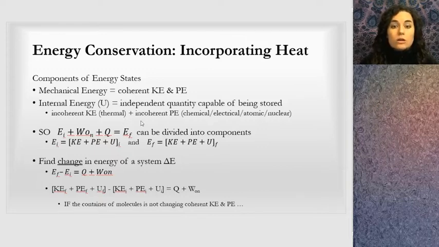There are also incoherent forms of potential energy, and I'm bringing them up just so that you are aware of them. We are going to focus on the thermal energy, but remember, incoherent potential energy can be stored in chemical energy. I can burn something. That's incoherent potential energy. There's electrical energy. Each one of those atoms is composed of electrons and protons, right? There's electrical stuff going on. There's atomic energy.